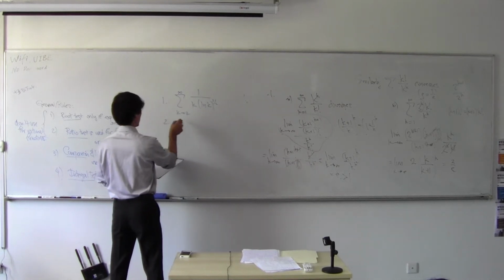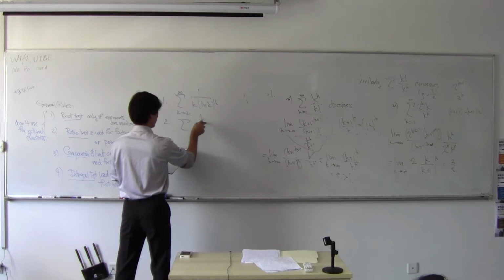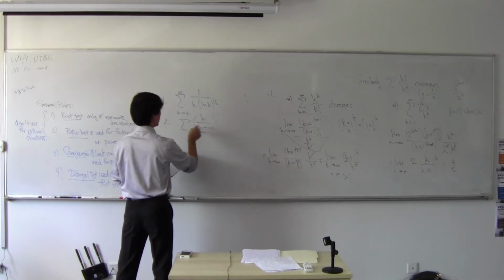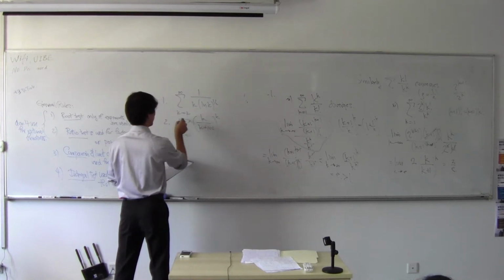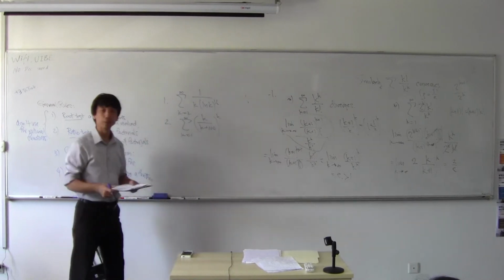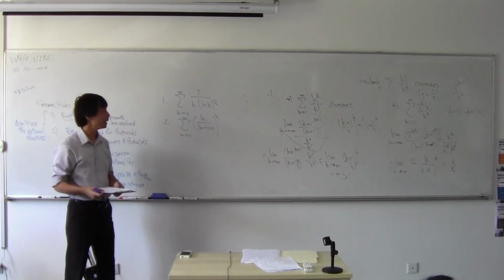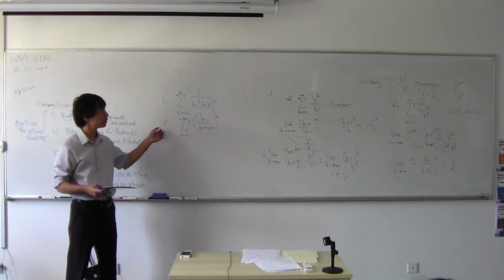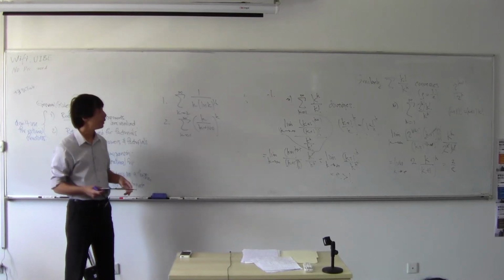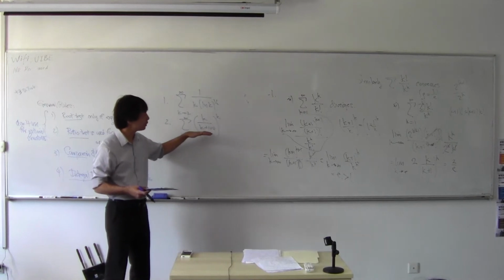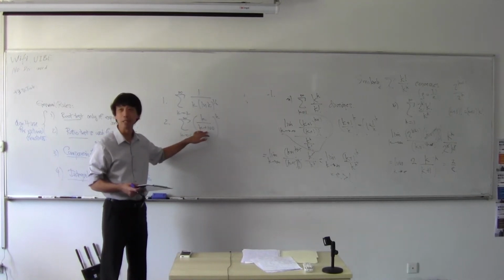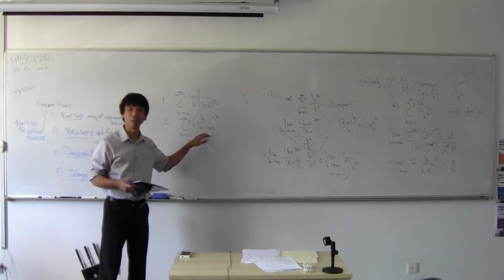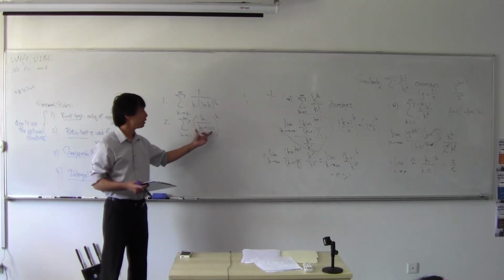If you see something like this, k over k plus 100 to the k, from 1 to infinity, what's your immediate reaction? Maybe the root test, but you see what happens when you use it, you end up with 1. This is a trick question. What happens as k goes to infinity for this one?